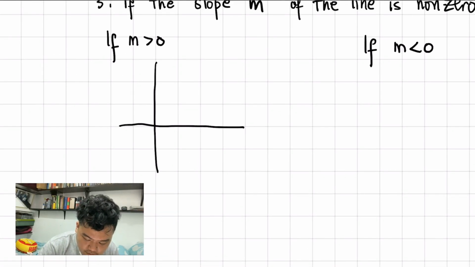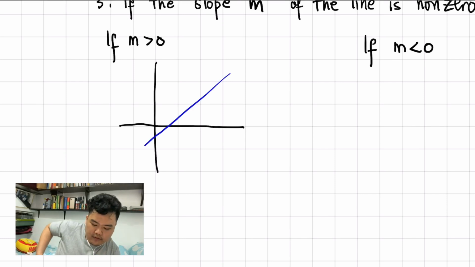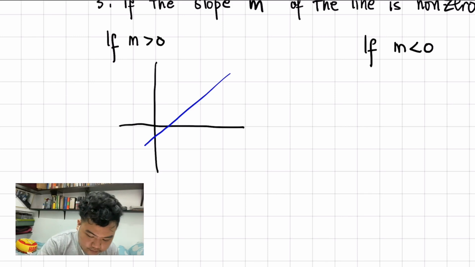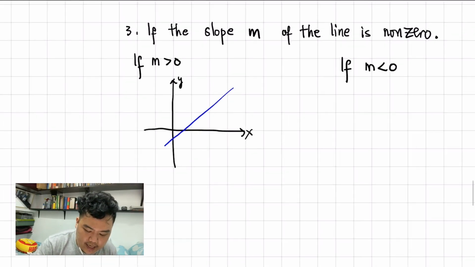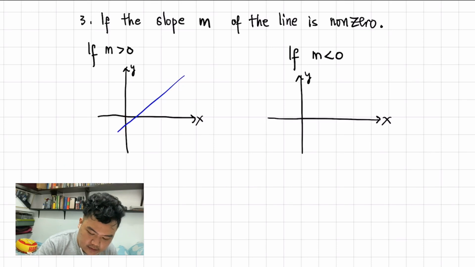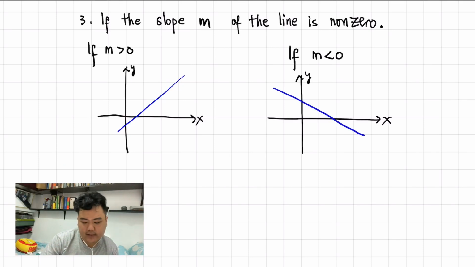It will point to the right, something upward. So this is your x-axis, this is your y-axis. And if your slope is negative, your line will look like this, something downward or pointing to the left.